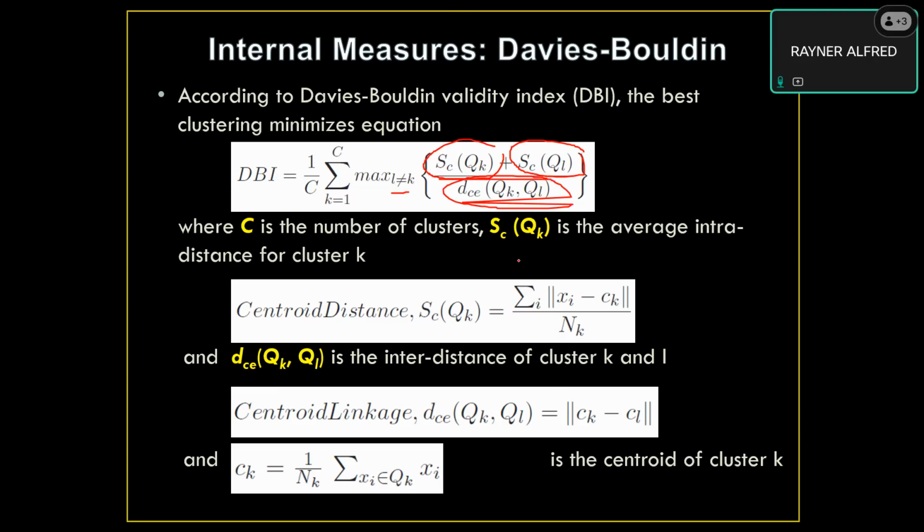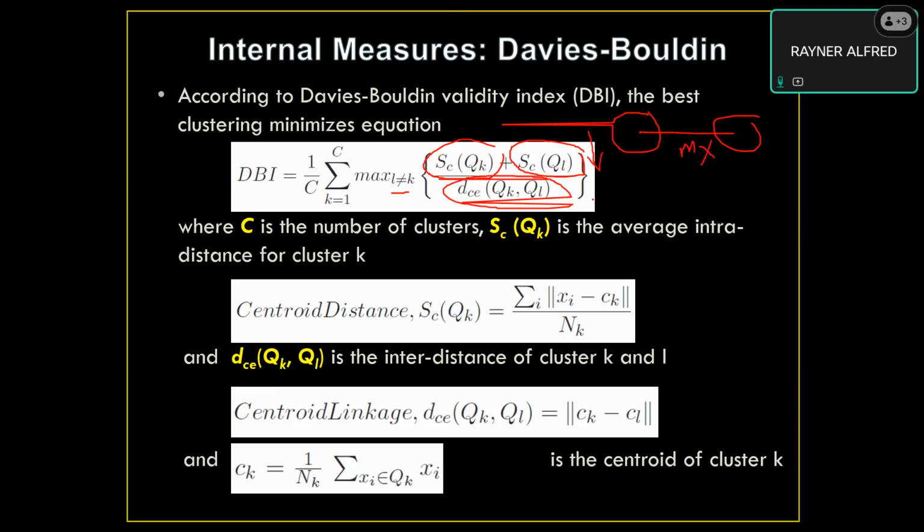If we remember in the earlier slide, we mentioned that the compactness of two clusters, the smaller they are, the better. So this one is to minimize, and the distance between two clusters, we need to maximize, right?